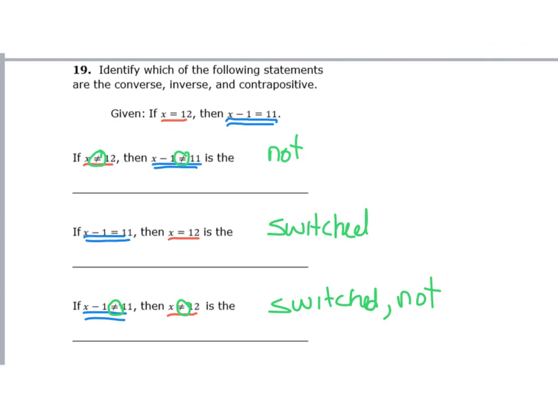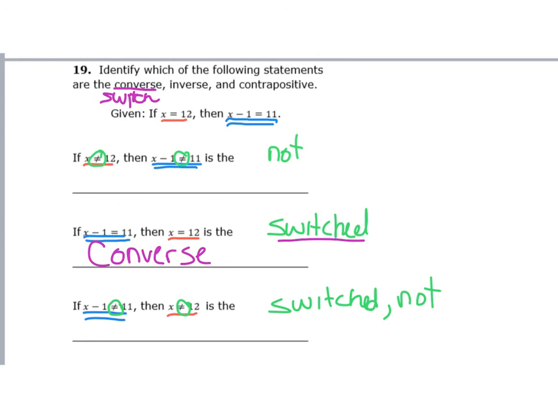So when I look back up at the top, I'm trying to decide are they the converse, the inverse, or the contrapositive. I need to remember my keywords. My keyword for converse is switch. So I need to see where I did nothing but switch. That would be right here, so that makes the second one the converse.